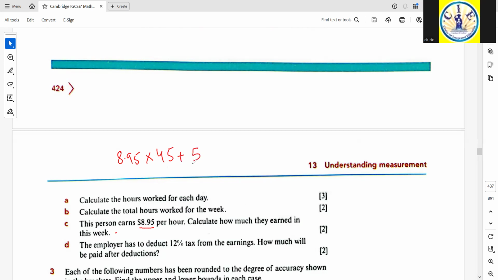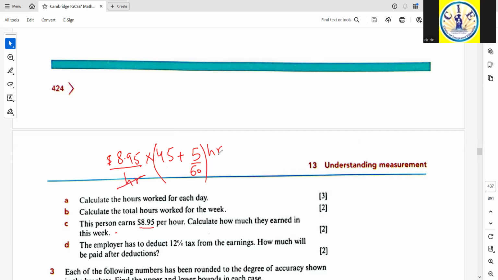So 5 minutes, let me divide it by 60 so that I can have this time converted into hours. 5 minutes have been converted to hours as well. So this complete time is in hours now. This rate was already dollars 8.95 per hour.